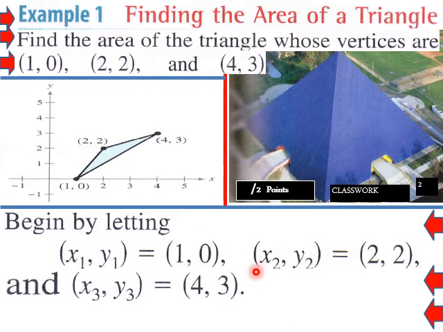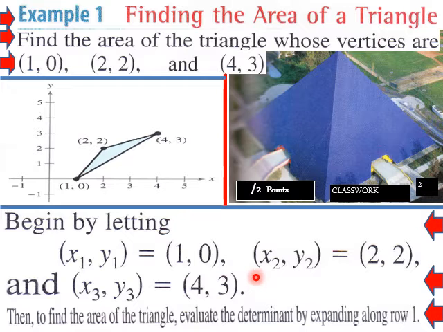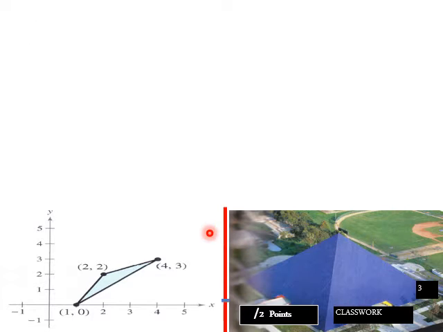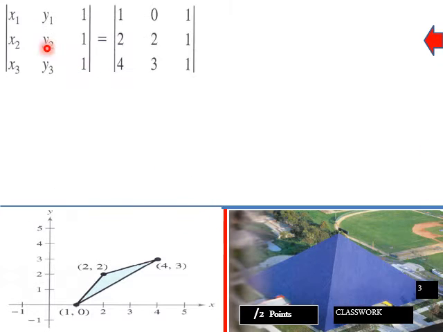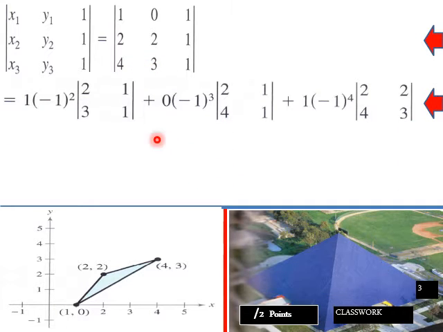So what we're going to do here is we have x1, y1, 1, x2, y2, 1, x3, y3, 1, and then this translates into 1, 0, 1, 2, 2, 1, 4, 3, 1. So when we have that, we're going to start here.